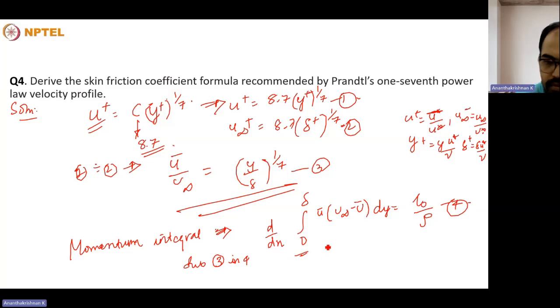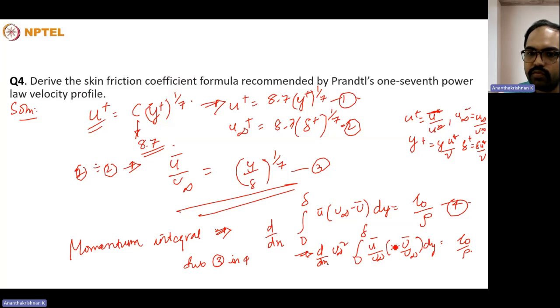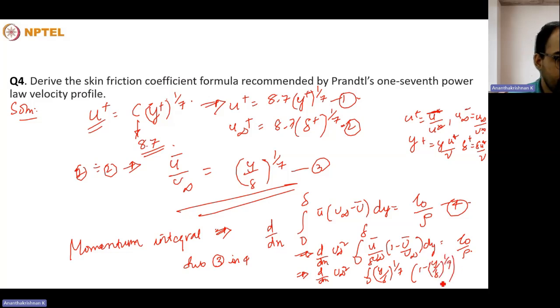So we can write d by dx of u infinity squared, integral from 0 to delta of u bar by u infinity into 1 minus u bar by u infinity dy, equal to tau by rho. With u bar by u infinity equal to y by delta the whole power 1/7, this becomes d by dx of u infinity squared, integral from 0 to delta of (y by delta)^(1/7) into (1 minus (y by delta)^(1/7)) dy, equal to tau by density.